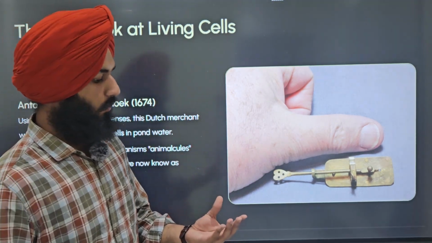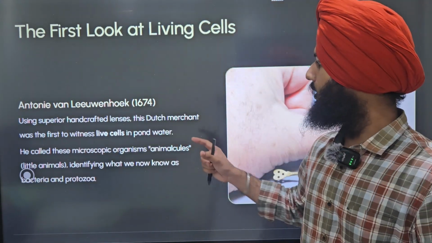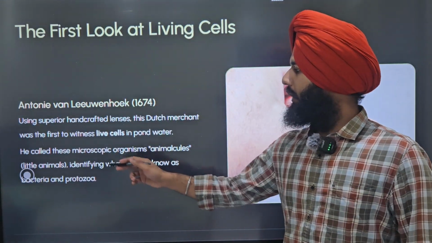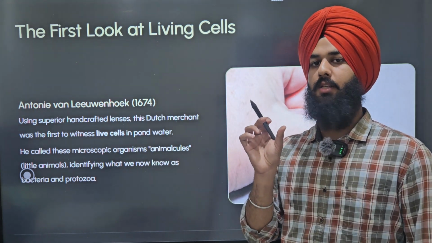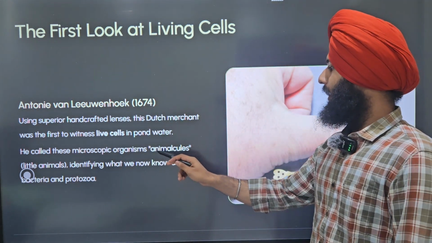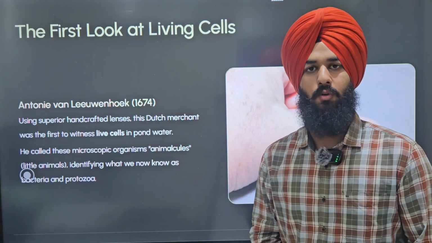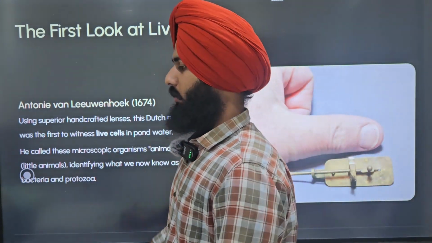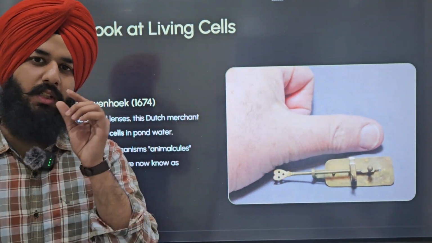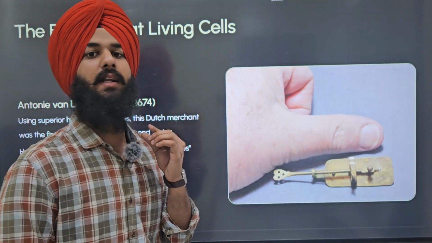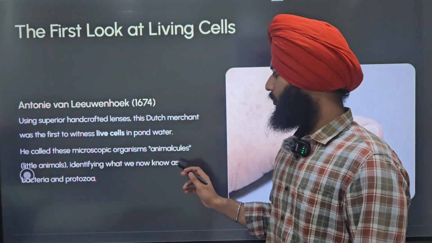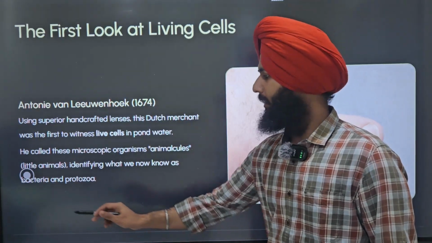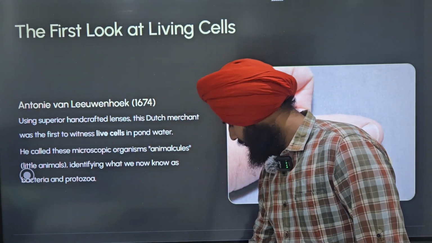He took some pond water and observed it in a slide under the specialized microscope that he had prepared, and he was able to see some small little microorganisms, very small little creatures, and he named them animalcules. So little animals is what that meant. He could see tiny little animals inside the water that were moving around. At that time he did not know what it was, but now we have identified these as the bacteria and the protozoa.